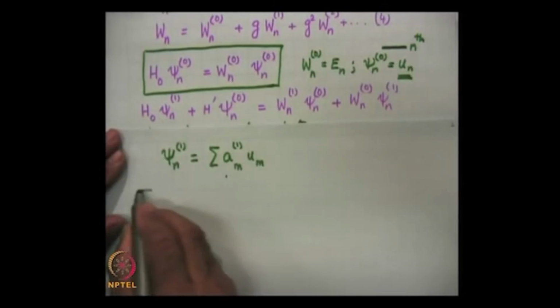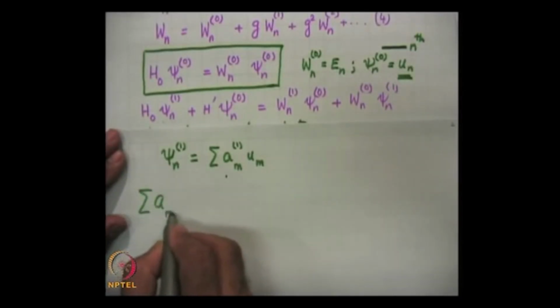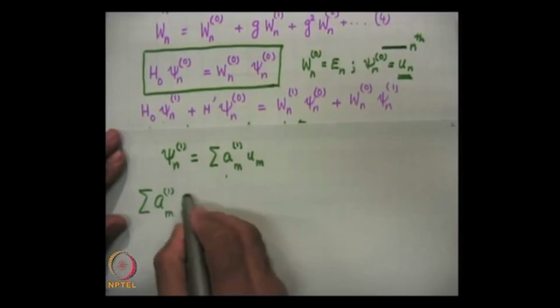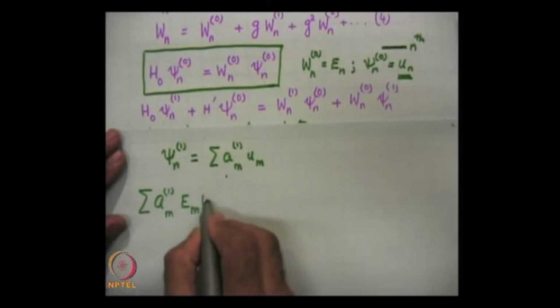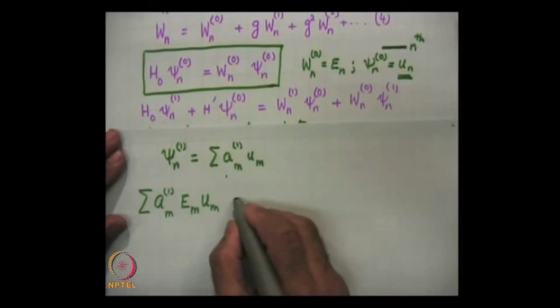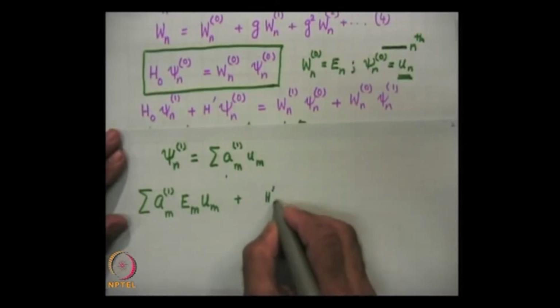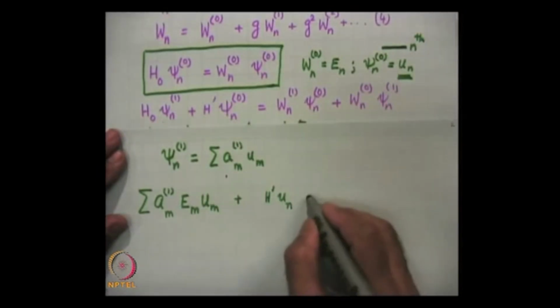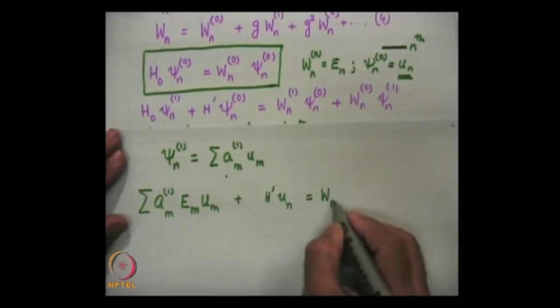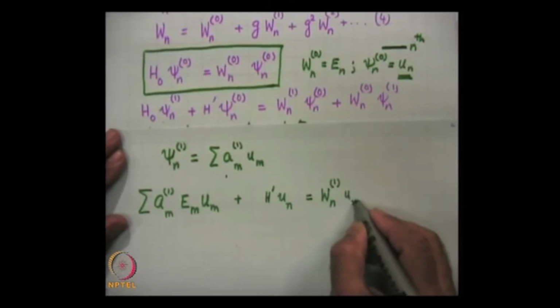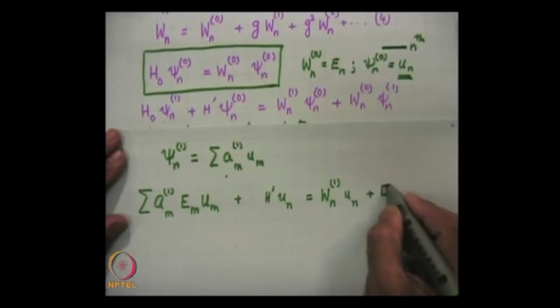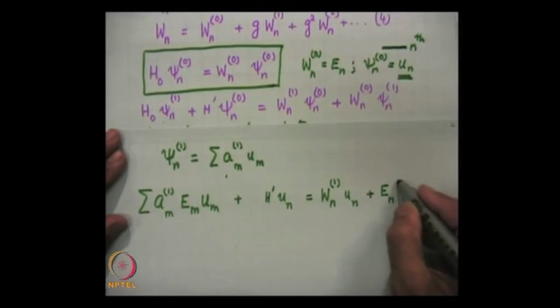So, we get summation A m 1 E sub m u m plus H prime u n, because psi n 0 is u n, is equal to W n 1 u n plus E n, since W n 0 is E n, times the summation of A m 1 u m.